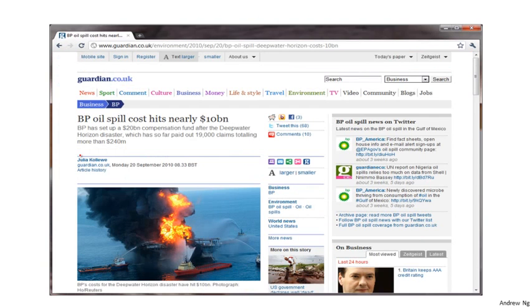Here's the UK Guardian story about the BP oil spill. So what Google News has done is looked at tens of thousands of news stories and automatically clustered them together so that news stories that are all about the same topic get to display together. It turns out that clustering algorithms and unsupervised learning algorithms are used in many other problems as well.